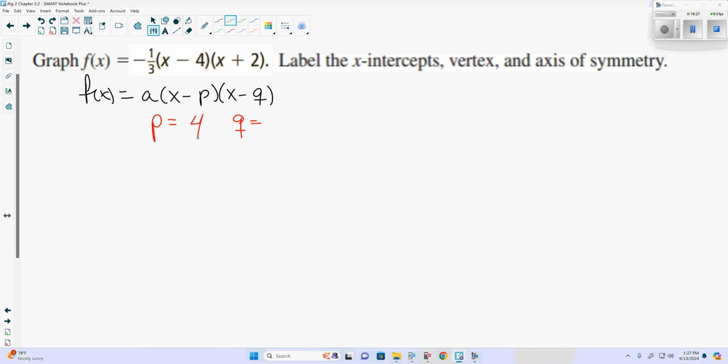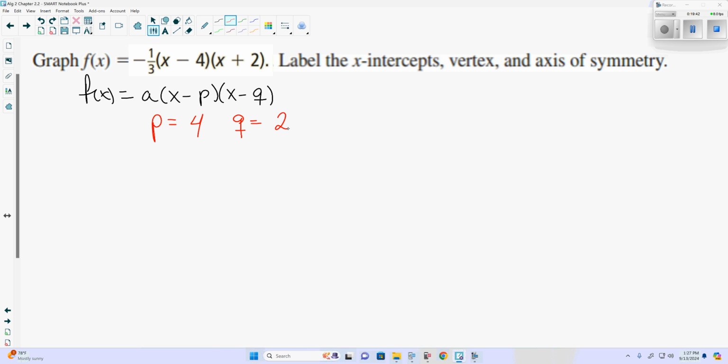Let's look at the next one. So we have x minus q and x plus 2, yes? So q will have a value of 2. But in the general form, x and q are being subtracted. In the equation, the x and 2 are being added.